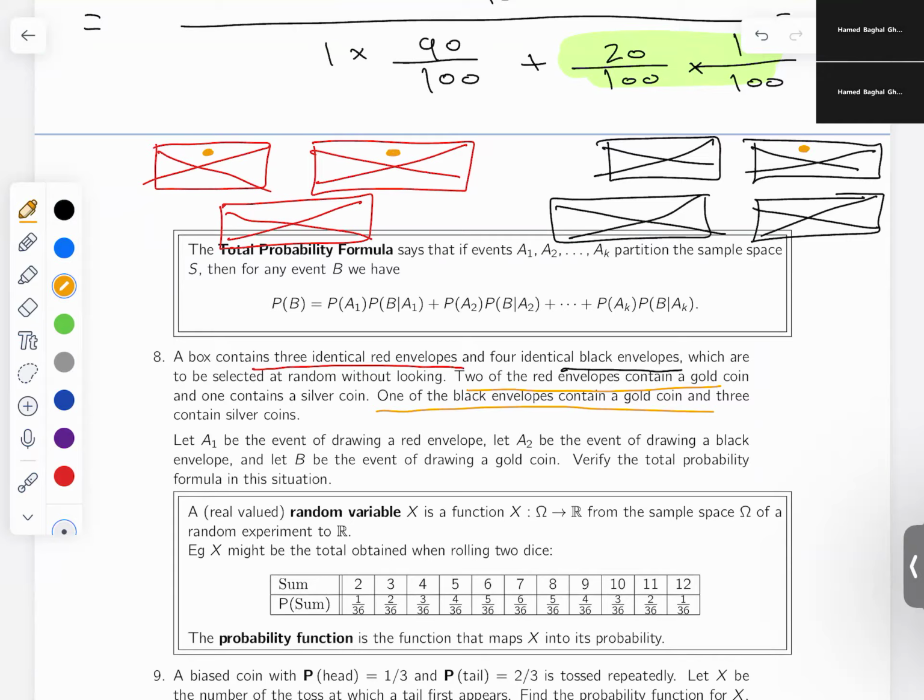So now let's apply this formula here. A1, A2.